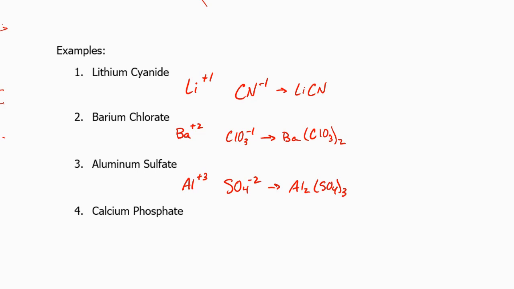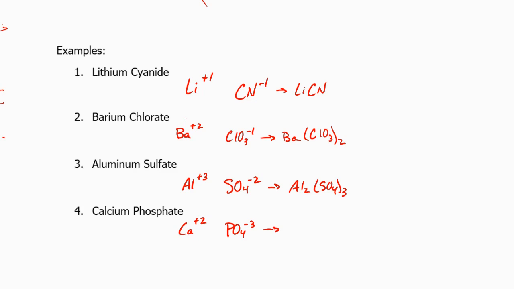And finally, our last one, we got calcium phosphate. And so calcium, we look it up on the periodic table. We see that it's Ca, and it gets a +2 charge. Then we do the same thing with our phosphate, and phosphate happens to be PO4, and phosphate has a -3 charge. So in order for those charges to cancel out, they both need to add up to 6, because that's the lowest common multiple between 2 and 3.